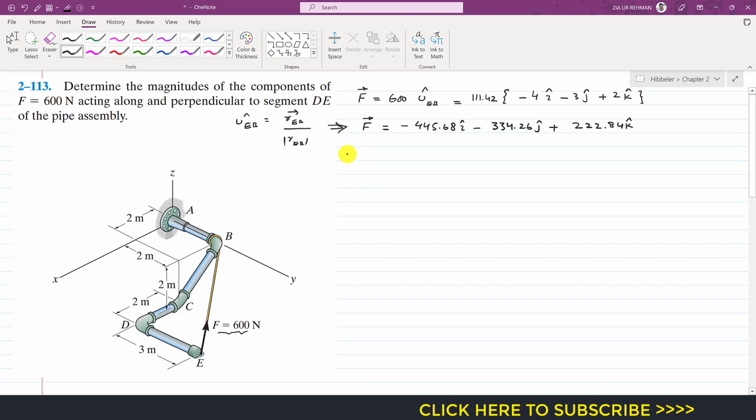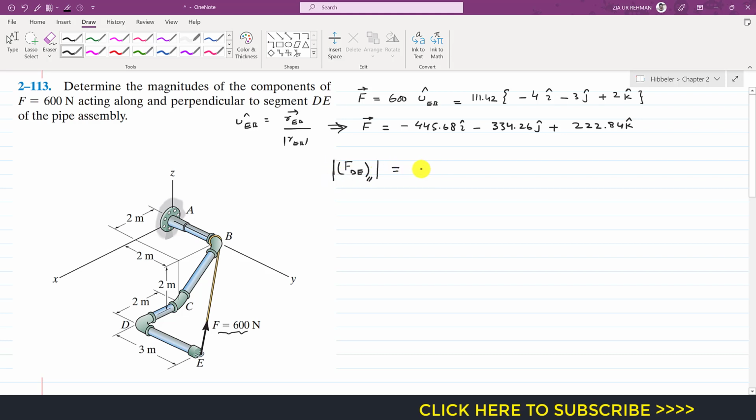Now we need to find the component of this force F along DE, which is parallel to it. So we need to determine its magnitude.